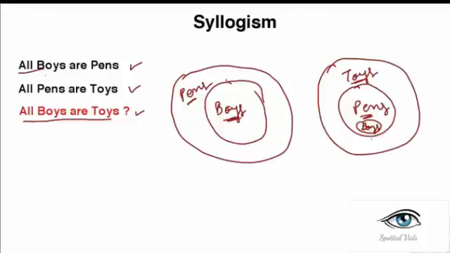So all boys, this smaller circle, that boys, is a part of the bigger circle, toys. So yes, it's true. All boys are toys. So let's do some difficult questions that will be asked in the real exams.